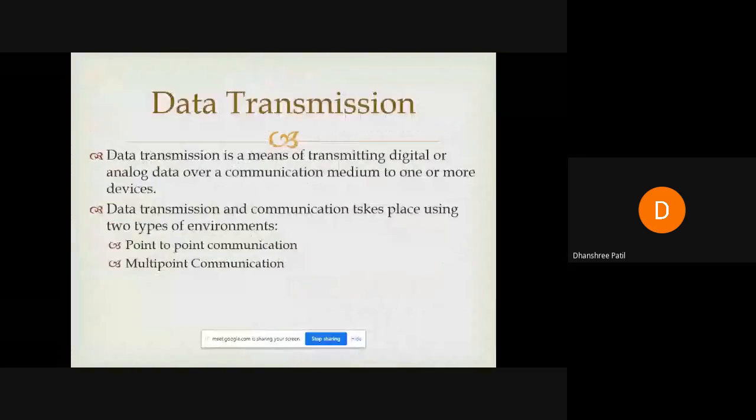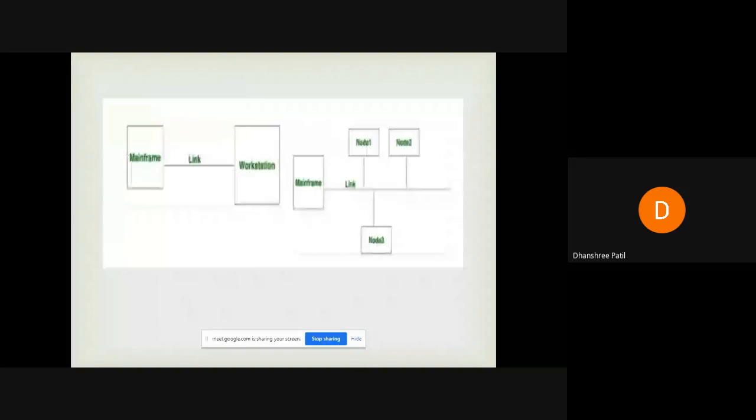Then we have seen data transmission. Data transmission is nothing but transmitting digital or analog data over a communication medium to one or more devices. It can be either point to point or multipoint. Point to point means there are exactly two nodes, and multipoint means one sender and a number of receivers.